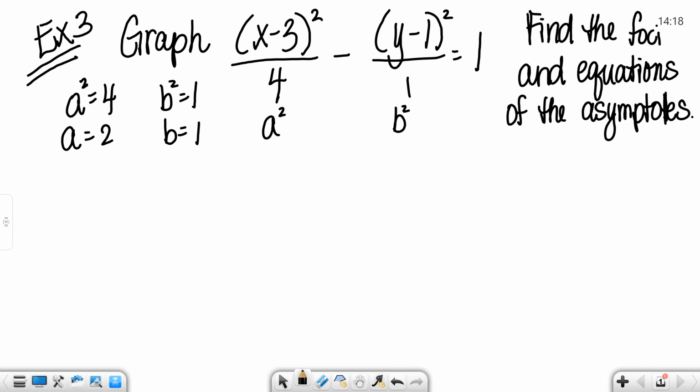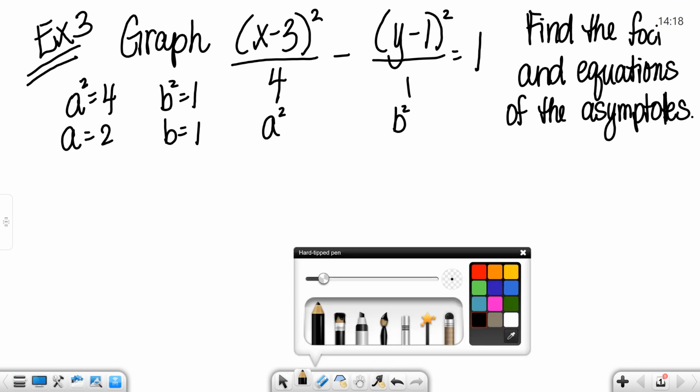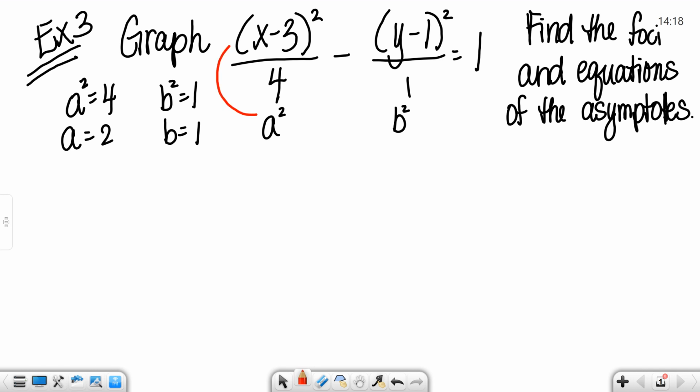Now I need to decide, is this a horizontal or a vertical transverse axis? It is a horizontal transverse axis, which says to me that it's going to look like this. Now, this is not my actual graph.